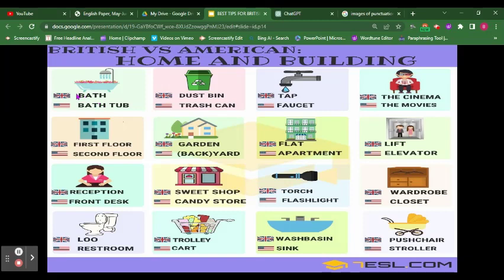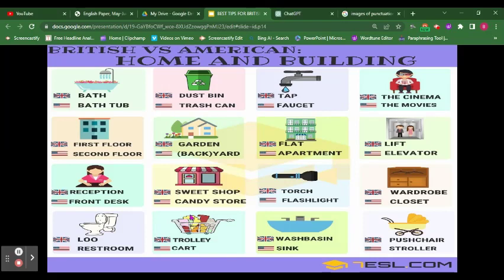Here we have British English and we have American English. Bath versus bathtub: British English uses bath to refer to a large container in the bathroom, while American English uses bathtub. There you have flat versus apartment, and so on and so forth.